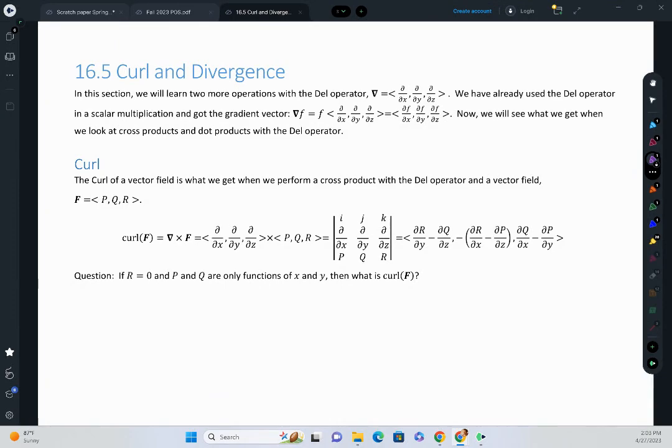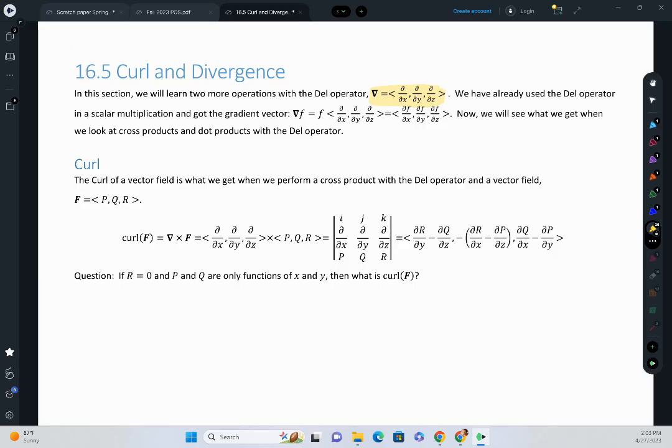So in this section, we're going to learn two more operations with the del operator. And just to remind you, the del operator is this upside down triangle, del, and it is a vector with components that are operators. They're not actual functions, they are operators. They operate upon functions. So you've got del/del x, del/del y, and del/del z.